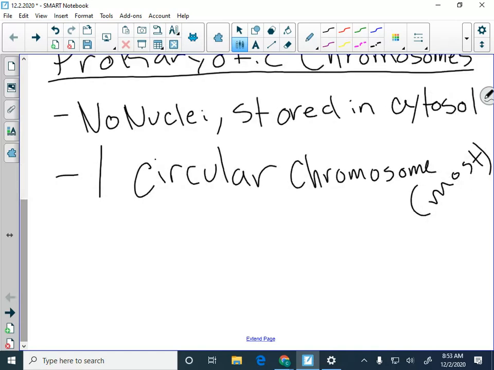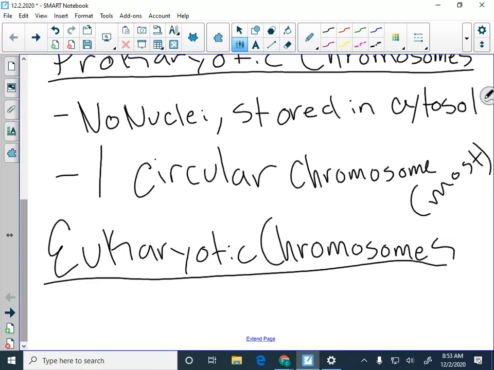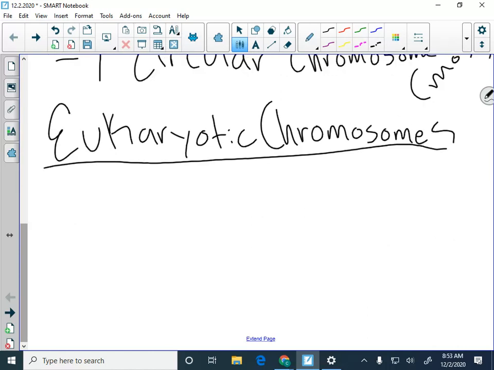But eukaryotic chromosomes, the chromosomes we have, are a little different. Remember, eukaryotic organisms are like you and me. We have our membrane-bound organelles. Plants, animals, and a decent amount of other multicellular organisms are eukaryotes and therefore have these eukaryotic chromosomes.